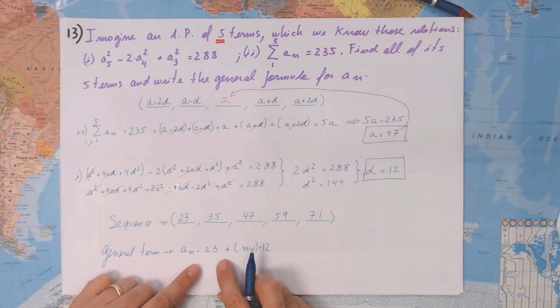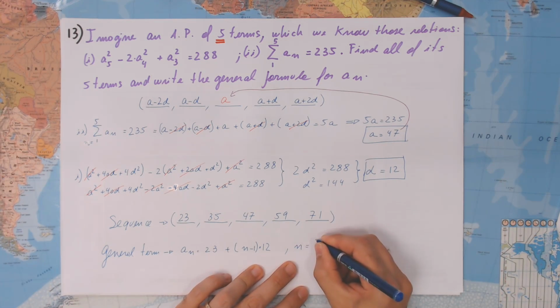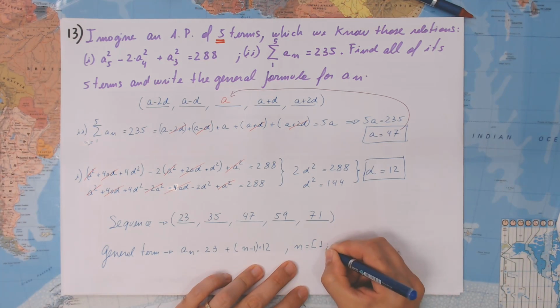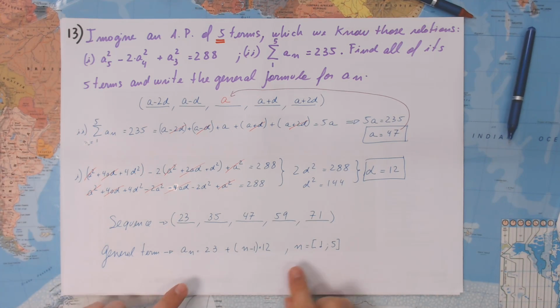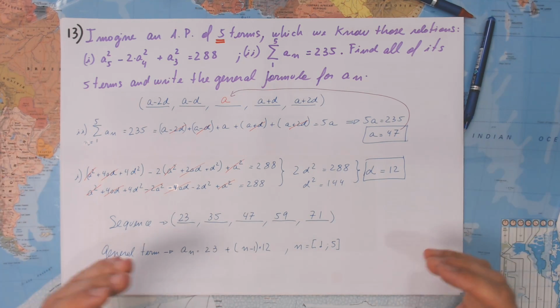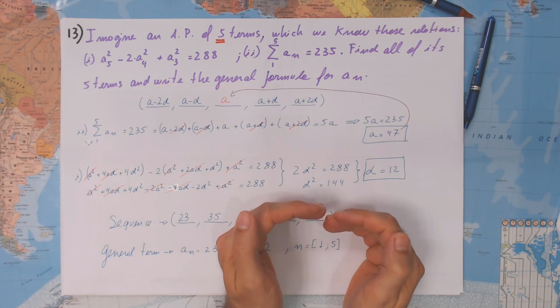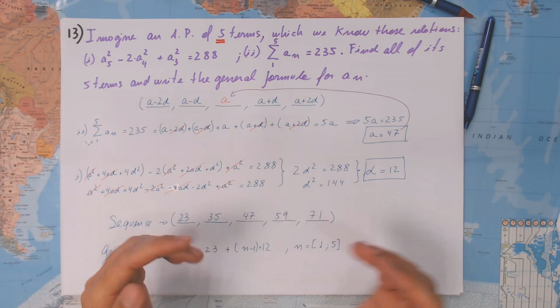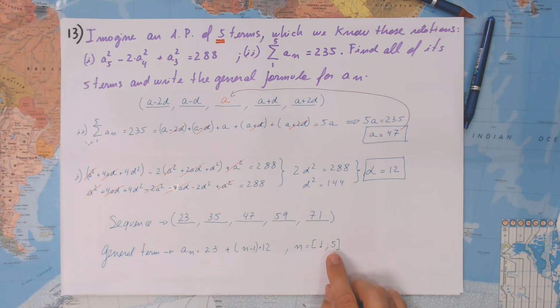So we can use this equation as long as n is from 1 up to 5. This means that we can only use n for 1, 2, 3, 4, and 5. Remember, when the brackets are like this, it's inclusive. When they are open, then we should not consider those numbers. And that is our answer.